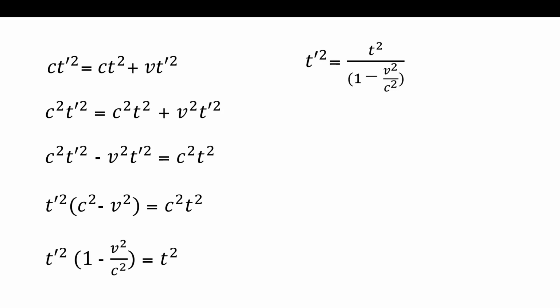To get t prime, we simply take the square root of both sides, and that gives us our formula: t prime equals t over the square root of 1 minus v squared over c squared.